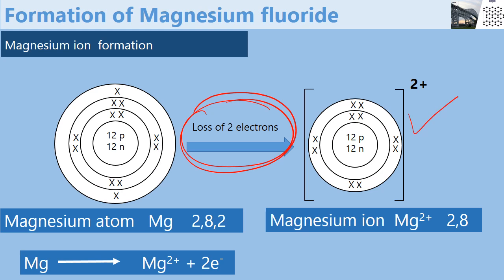And we have the equation here. We have the charge as 2 plus because it has lost 2 electrons, and from our memory we can calculate the number of electrons lost and the charge of the resultant ion.